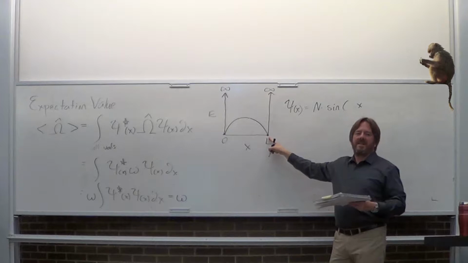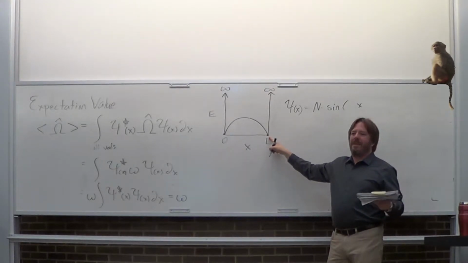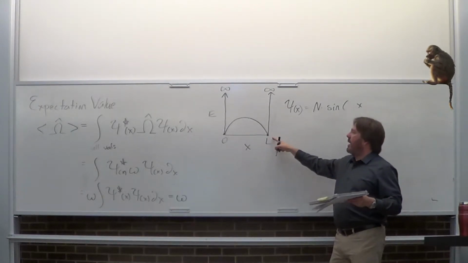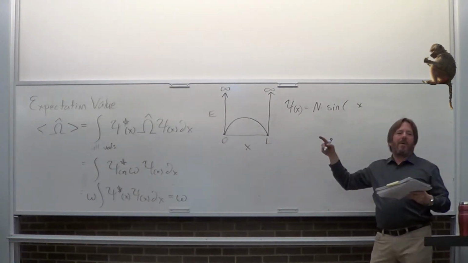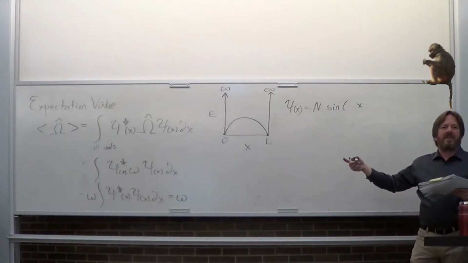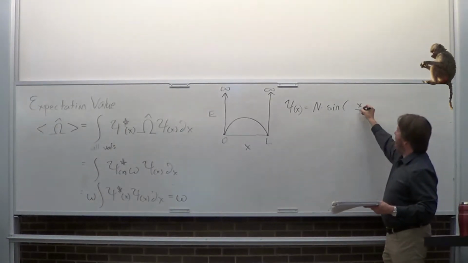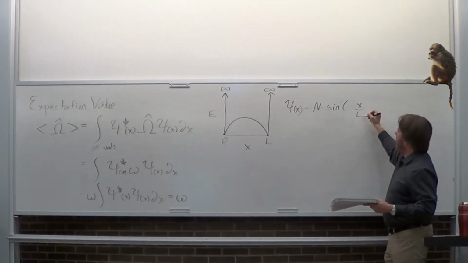Sine, when's the next 0? Pi. Pi is half a wave. I always get those confused. I have to Google it every time. Okay, it's pi. So at x equals L, I better have a sine of pi. How do I do that? Divide by L, and then what?